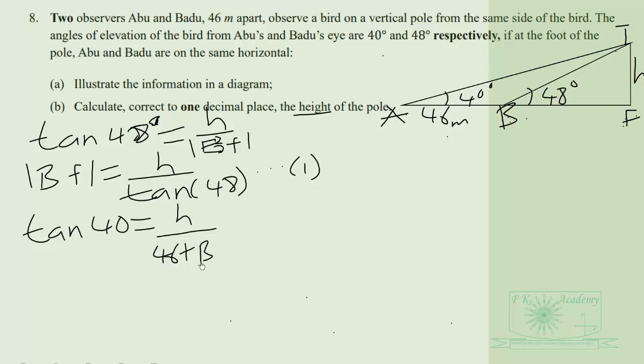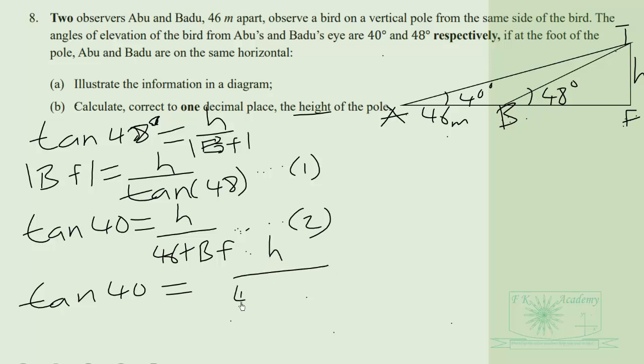So let's call this equation 2. You can substitute equation 1 inside equation 2 to get tan 40 is equal to h over 46 plus BF. Now BF is equal to h over tan 48.